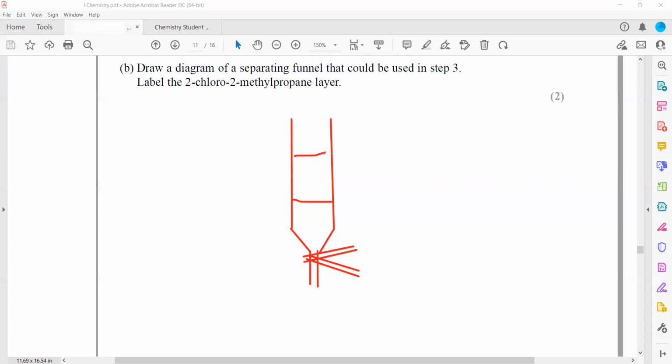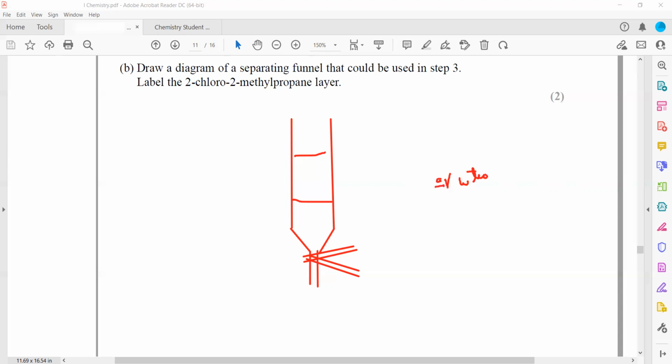In step 3, in a separating funnel, we are separating the aqueous layer from the organic layer. And now we don't have the reactant, we don't have alcohol, so there is an aqueous layer. Aqueous layer means water is there.